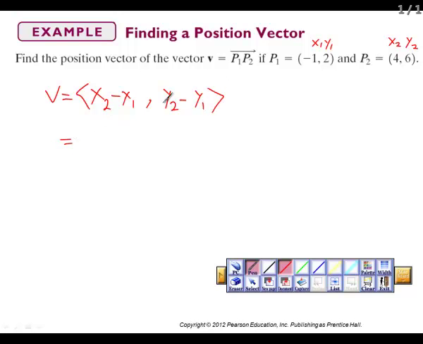So x2 is 4 minus -1, and then the y2, that'll be 6 minus 2. And so we end up with, of course, ⟨5, 4⟩. So we have a horizontal displacement of 5 units to the right and 4 units up.